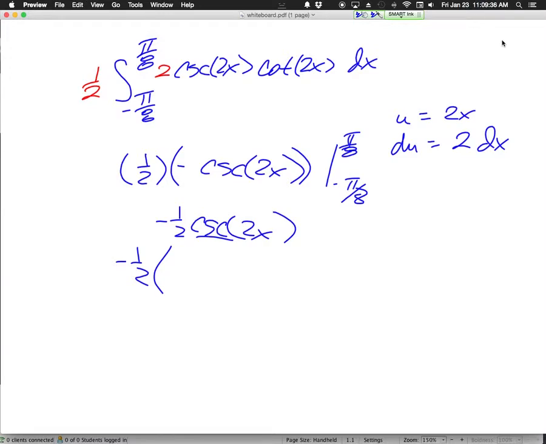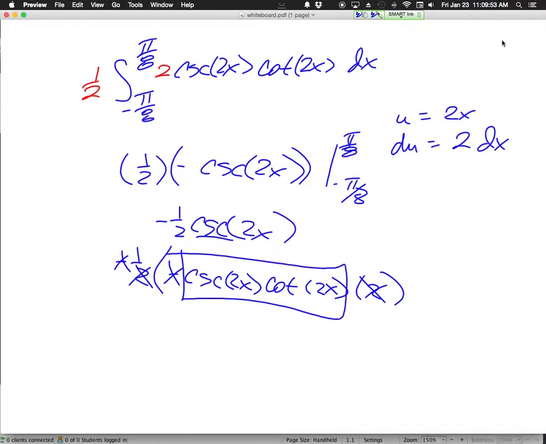Negative cosecant cotangent. And I have to take the derivative of the inside, which gives me that. So the 2 cancels, the negative cancels, leaving me with cosecant 2x, cotangent 2x, which is what I started with, which verifies we integrated correctly.